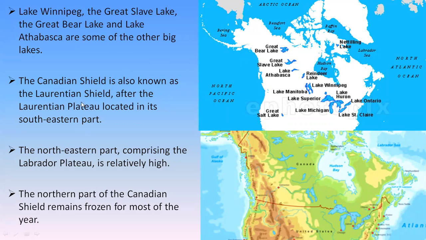After that, we found the plateaus. The Canadian Shield also got another name, the Laurentian Shield, because the Laurentian Plateau is located on the southeastern part of the Canadian Shield. On the northeastern part, one more highland is the Labrador Plateau.